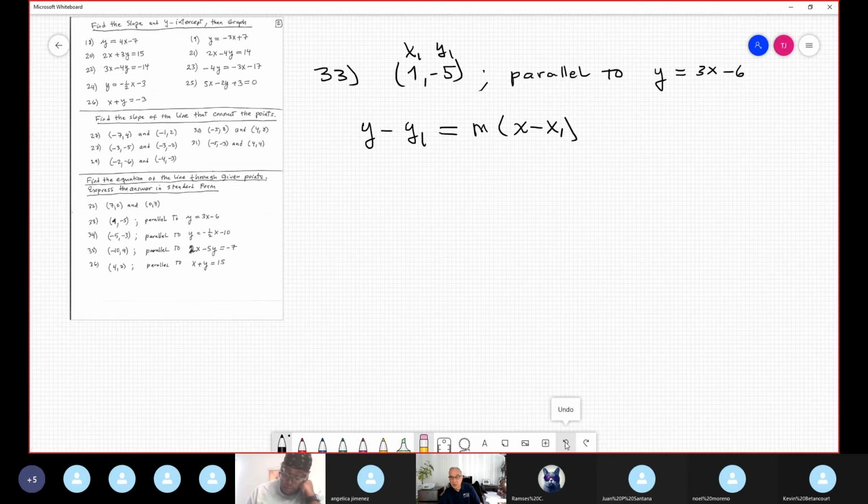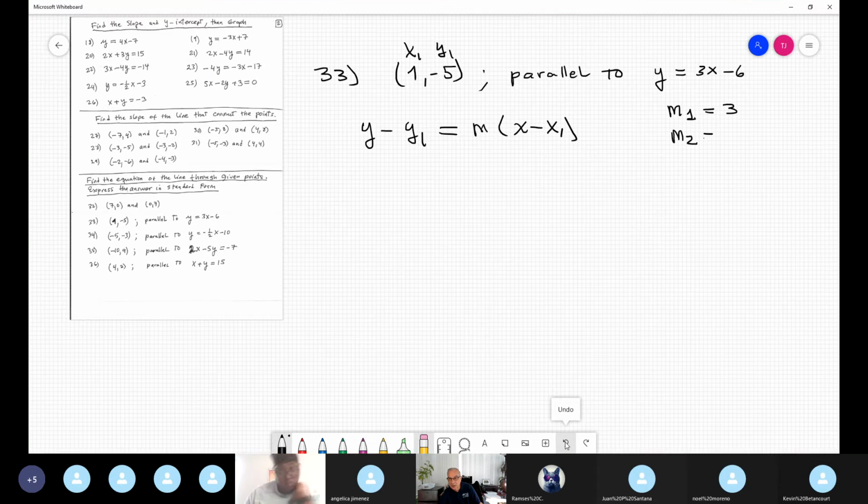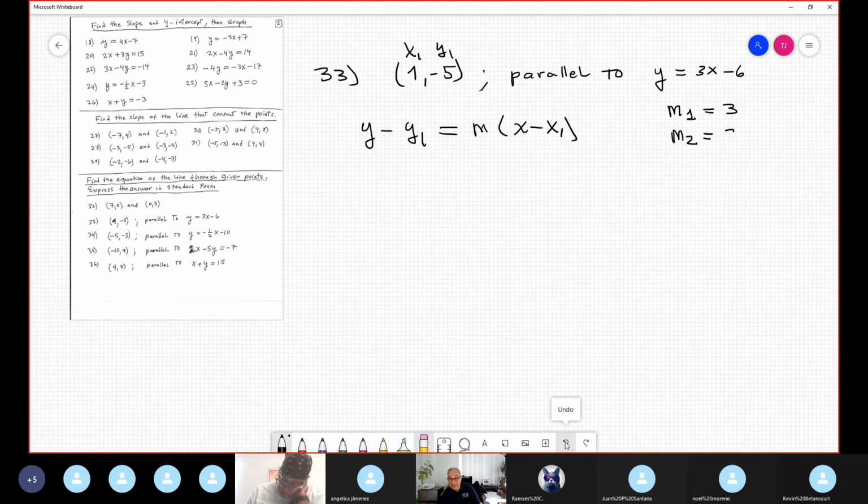Looking at this equation, I can see the slope of the given line, which I want to call m1, is 3. Now, the slope of the new line, the red line I erased, is the same, because this word is the key word, parallel. Parallel means same slope.